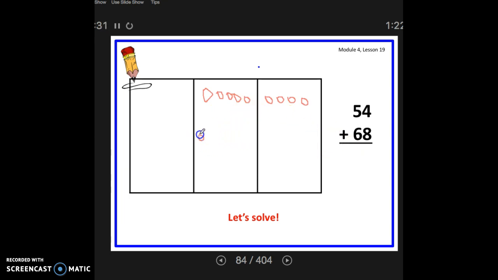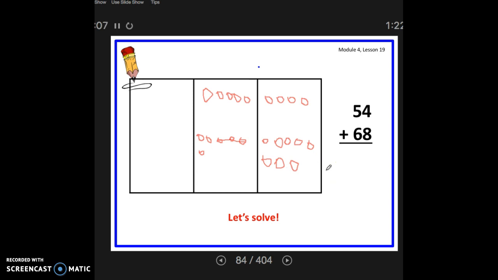So 68: 10, 20, 30, 40, 50, 60, 61, 62, 63, 64, 65, 66, 67, and 68.